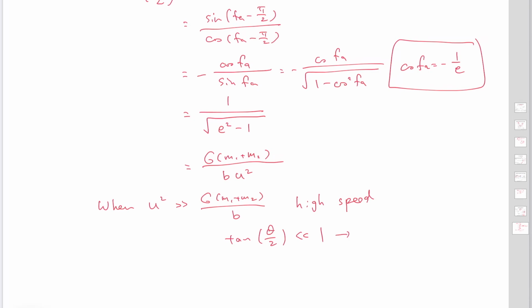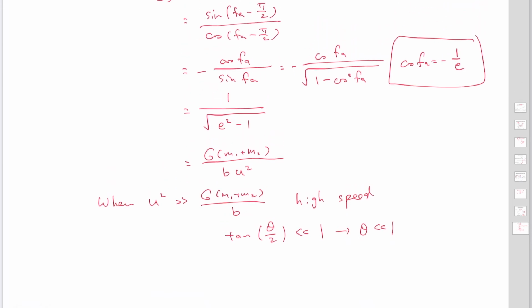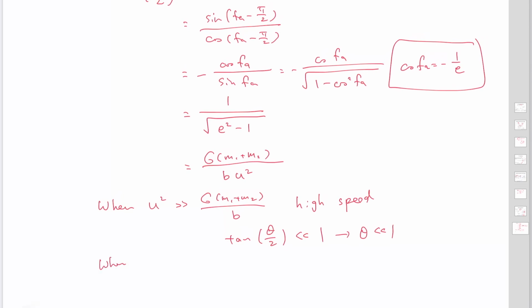This means theta is much smaller than 1: small angle scattering. When u squared equals G times m sub 1 plus m sub 2 over b, tangent theta over 2 equals 1. So theta equals pi over 2.